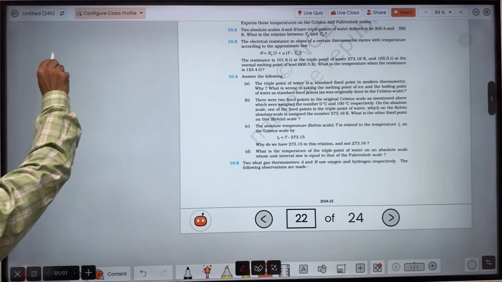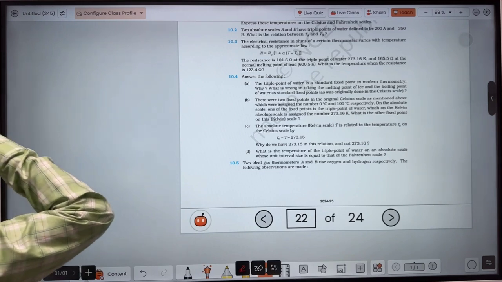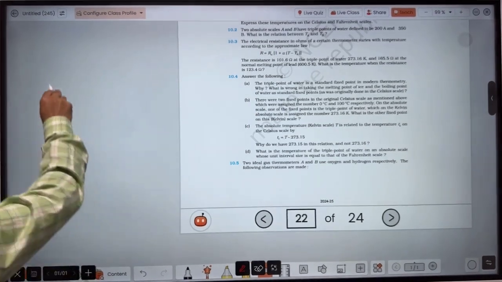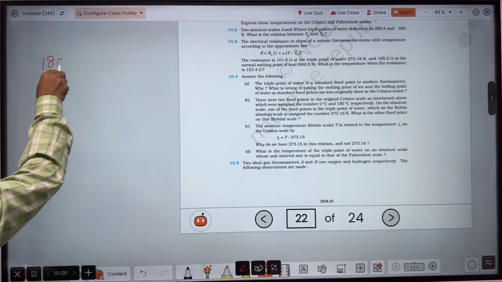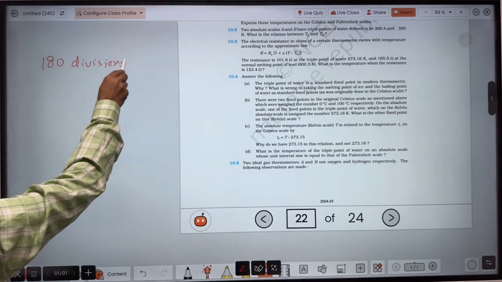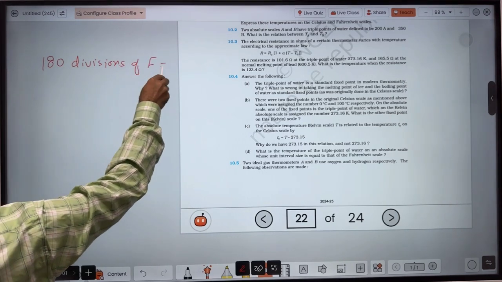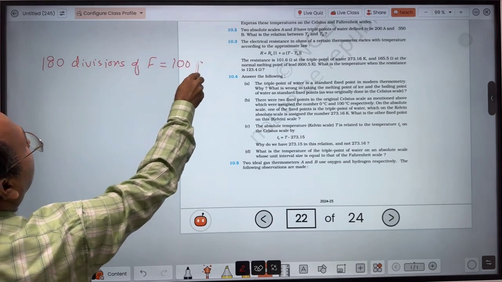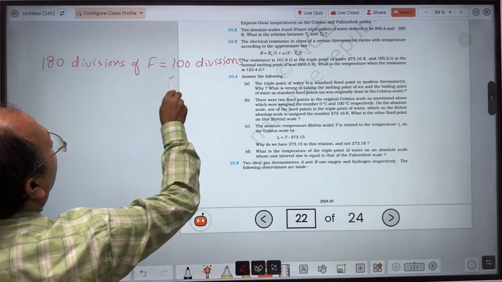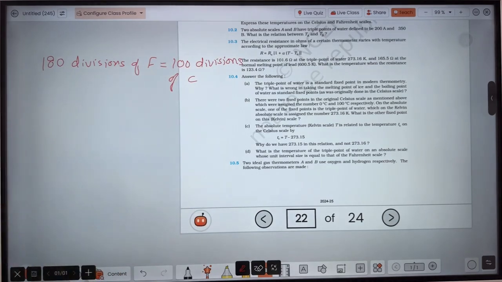Do you remember? There are 180 divisions, whereas in Celsius there are 100 divisions. So we have to equalize the size, and for that we can write 180 divisions of F must be equal to 100 divisions of C. Correct?